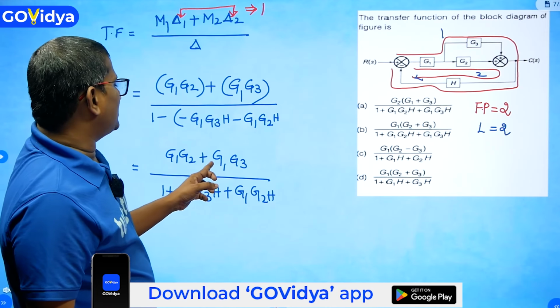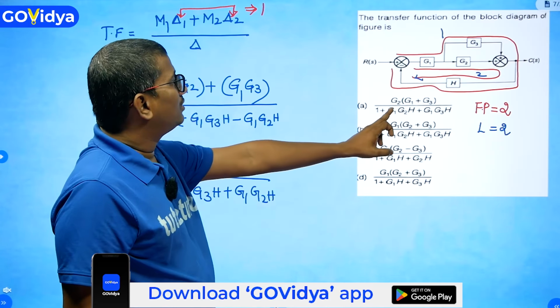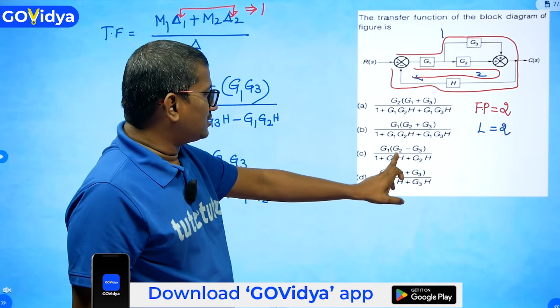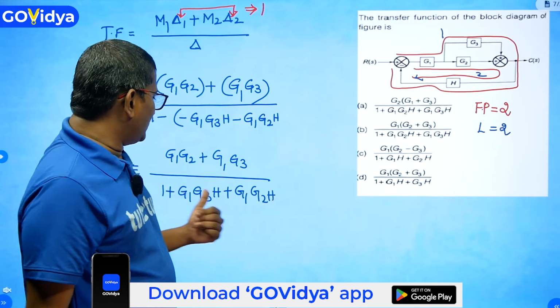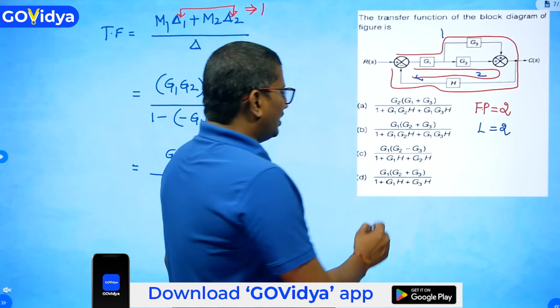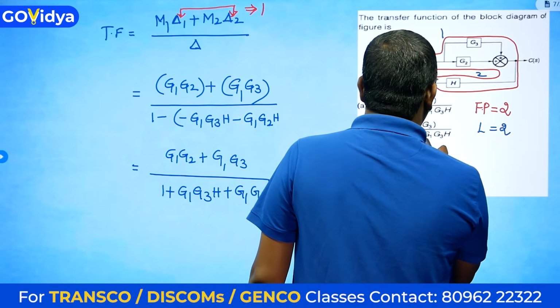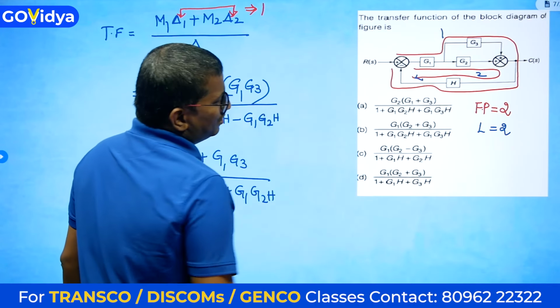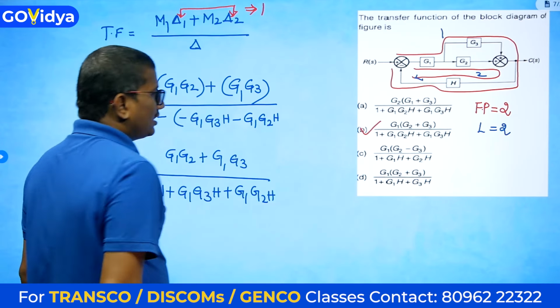G1 G2 plus G1 G3, by 1 plus G1 G2 H plus G1 G3 H. So what is the answer? B is the correct answer.